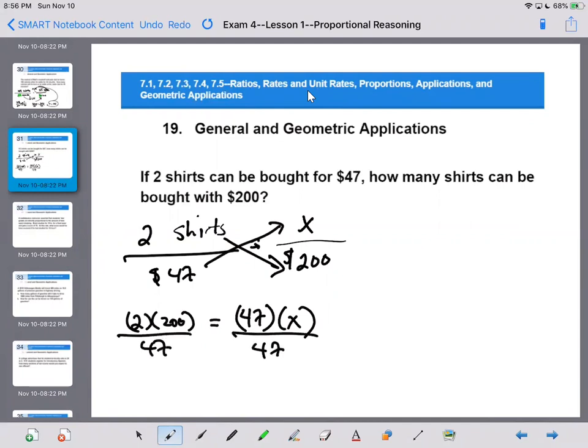So if I take 200 multiplied by 2, that's 400, divided by 47, I'm going to have to round a little bit, so it's going to get me about 8.5. So how many shirts can I get? Well, at least 8. I'm not going to take half a shirt. So how many shirts can be bought with 200? Well, I've got 8.5 as an answer, so I'm going to say at least 8 shirts.